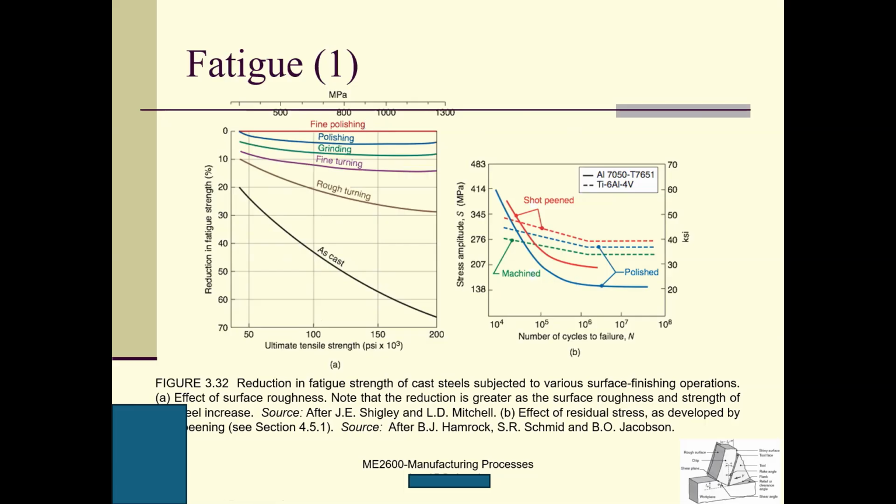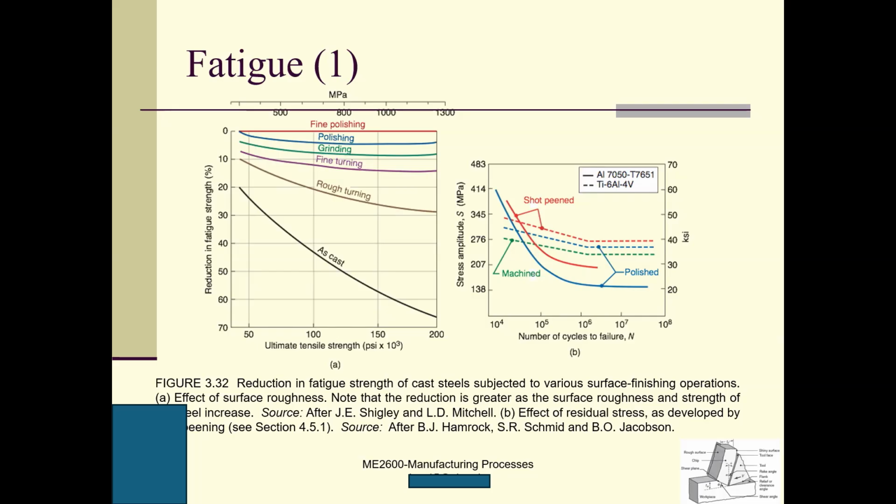For this case, the fatigue strength is very high. But for this, the fatigue strength is low. Why? Because there are a lot of pre-existing cracks on the surface. If you apply cyclic loading, these cracks will propagate, and finally it fails.